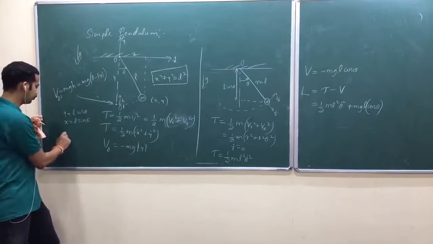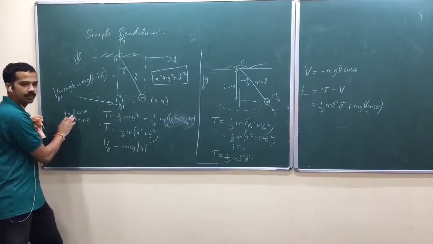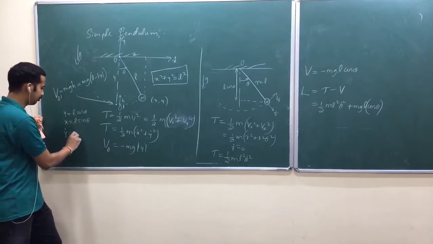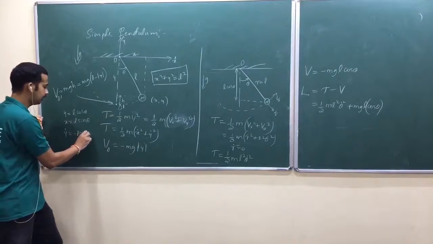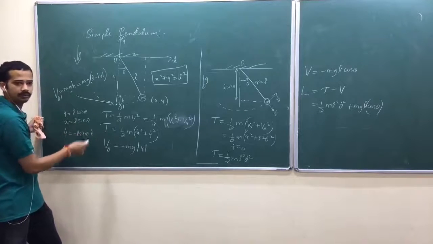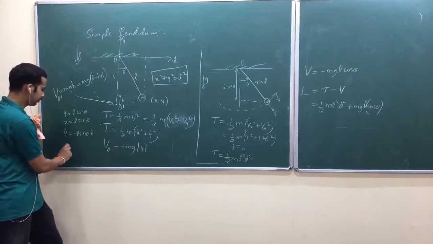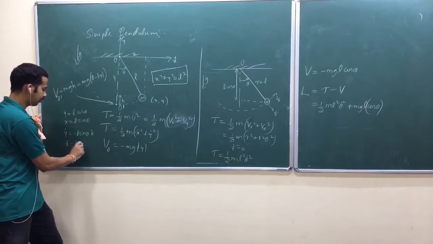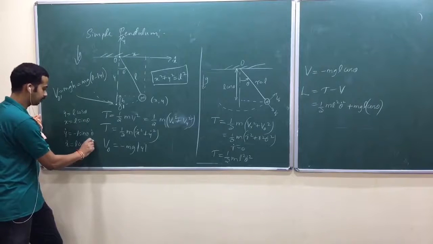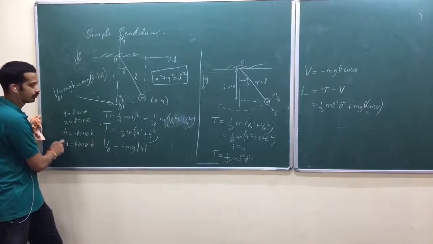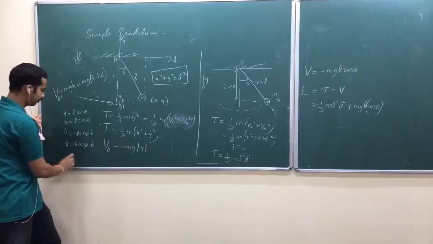So now what is y dot? It is equal to minus L sin theta into theta dot, again a successive time derivative. Is that okay? So now x dot is equal to L cos theta, theta dot again. Square and add these two. What would you get?